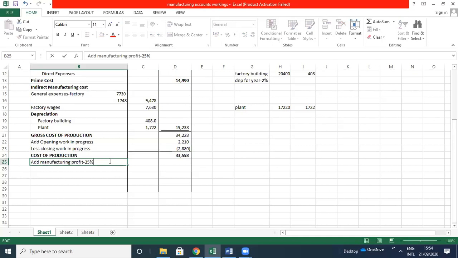Can you calculate that and give me the figure? Calculate that and give me the figure. What is the figure? What is that figure?